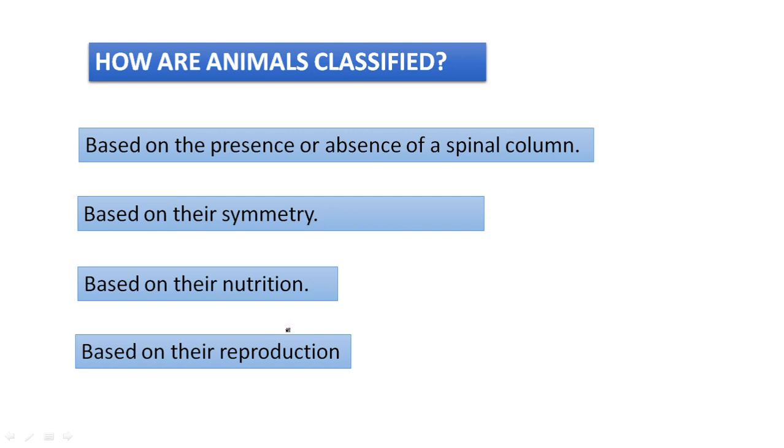And depending on these characteristics, we can see differences between these groups of animals. So a very simple and straightforward classification is based on the presence or absence of a spinal column. Another characteristic can be their symmetry. Also, we can pay attention to their nutrition or their reproduction. Based on these characteristics, we can classify the animals.